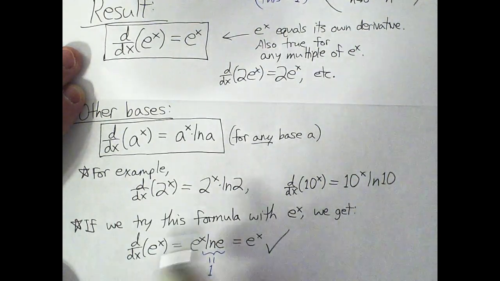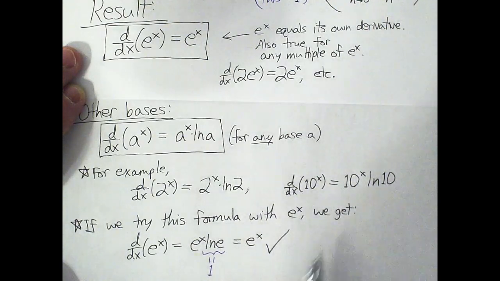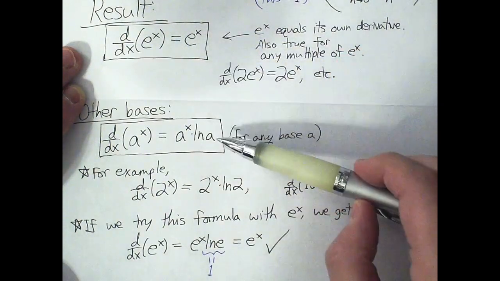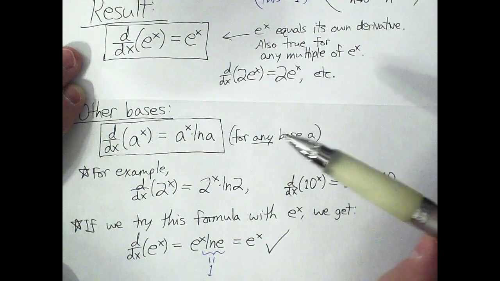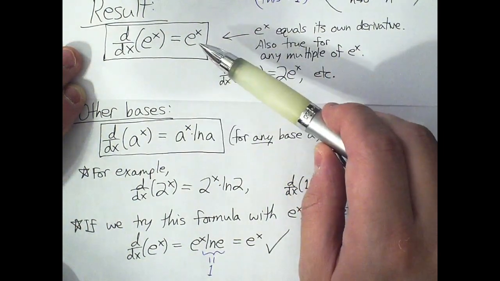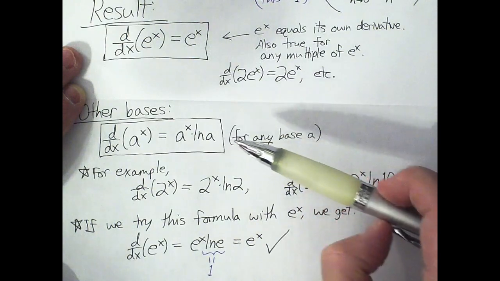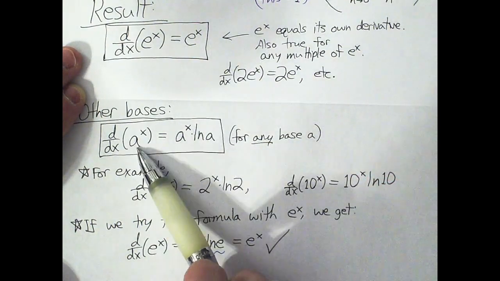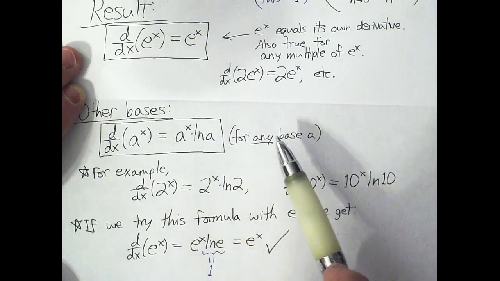So what's the point of this last thing? What I'm trying to show you is that these two formulas are compatible with each other. There's no conflict. It's not like we need some special exception. This second formula does in fact work for any base a.